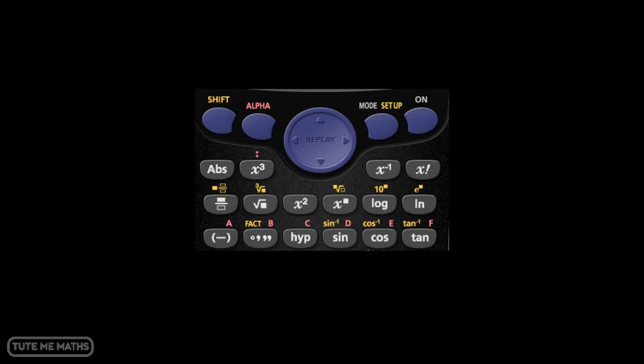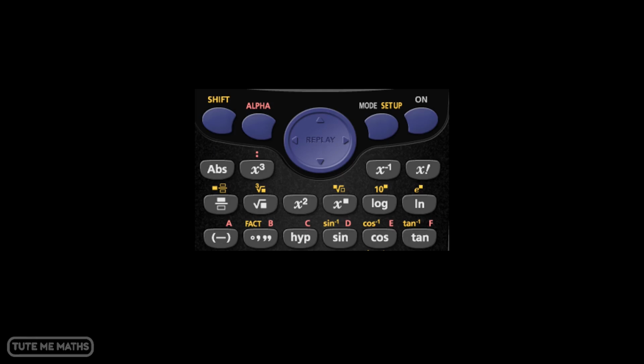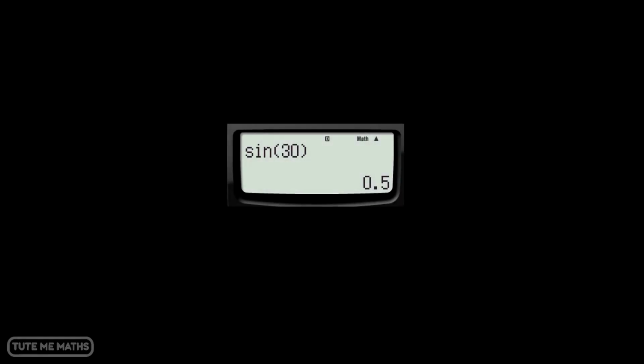Remember that we found the sine ratio for 30 degrees to be exactly 1/2? Pressing the sine button, typing 30, then pressing equals gives us 0.5, which is of course 1/2. To learn more about using these buttons, be sure to check out the second video in this series.